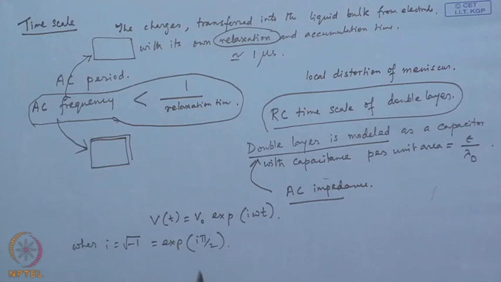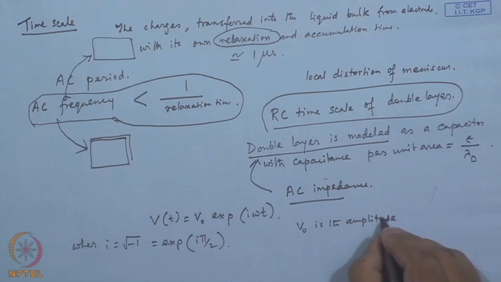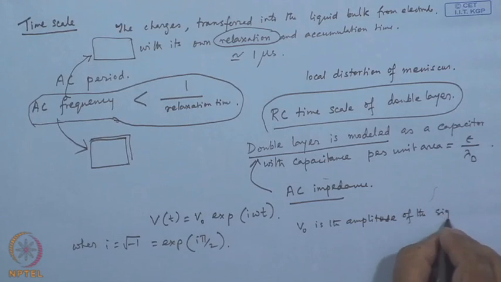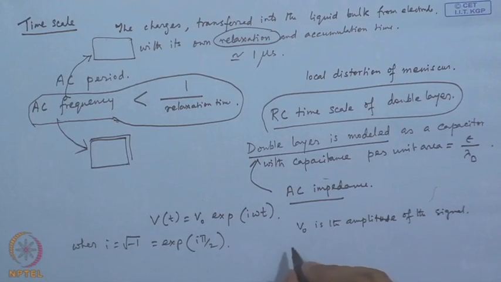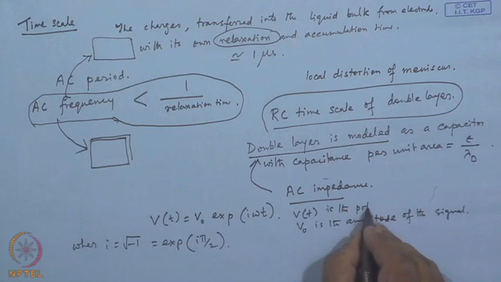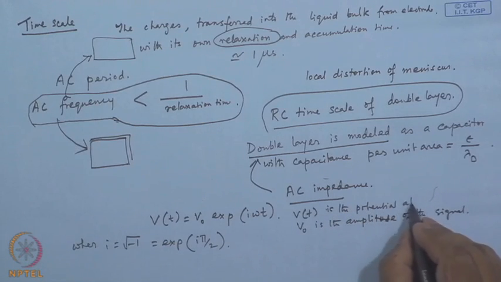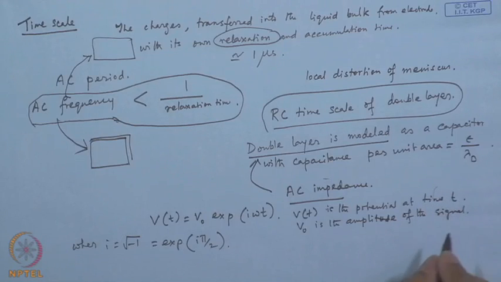V naught is the amplitude of the signal, V t is the potential at time t, and omega is equal to 2 pi f, which defines the angular frequency.